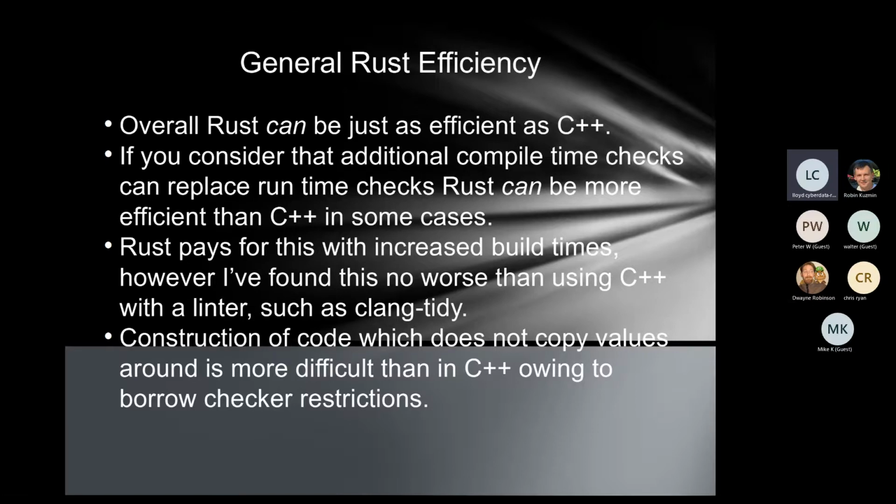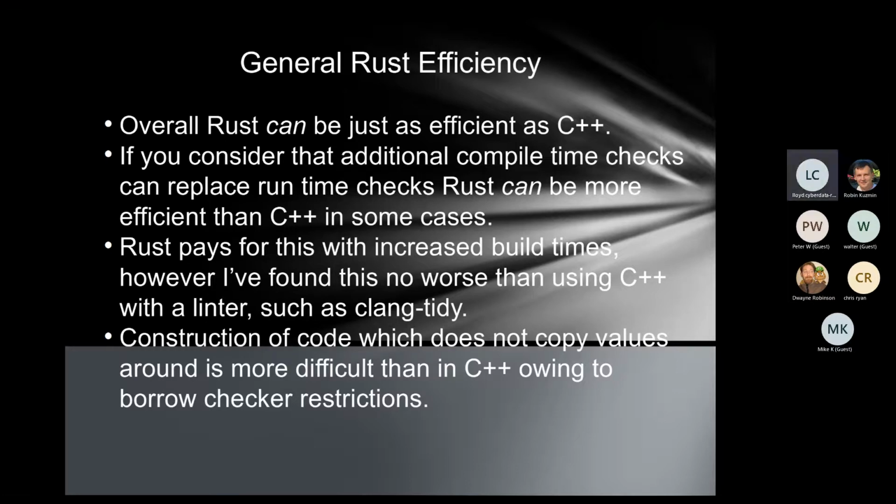In practice, I found this is actually no worse than C++ with a linter such as clang-tidy. So if you compare Rust and C++ compile times, Rust does take longer, but if you're going to do C++ with a linter, then you're back on the same order as Rust. If you're doing about the same thing, it's about the same amount of time.